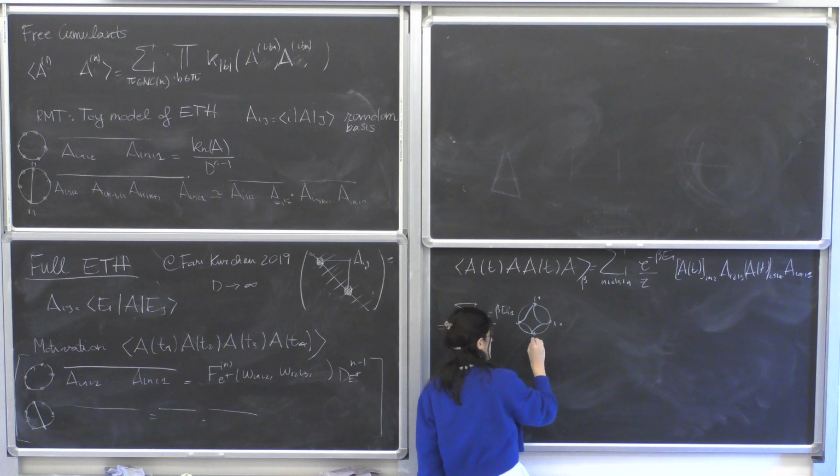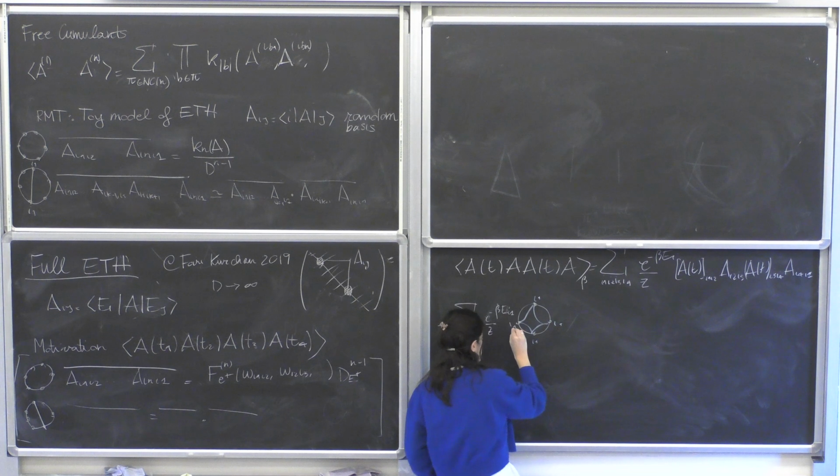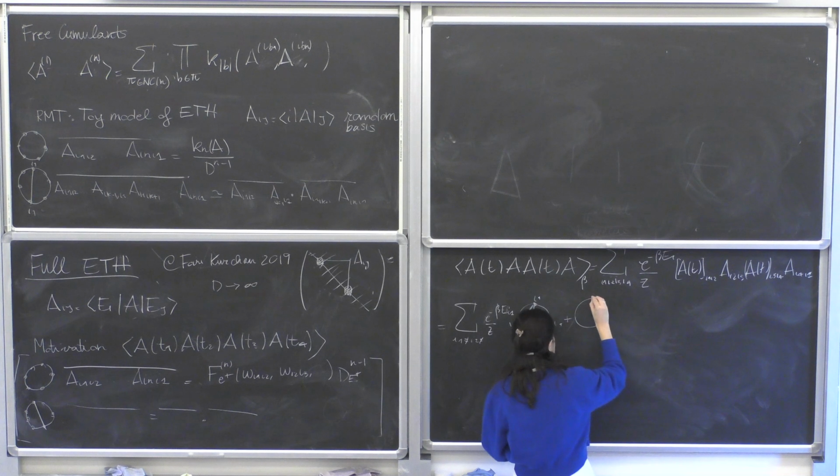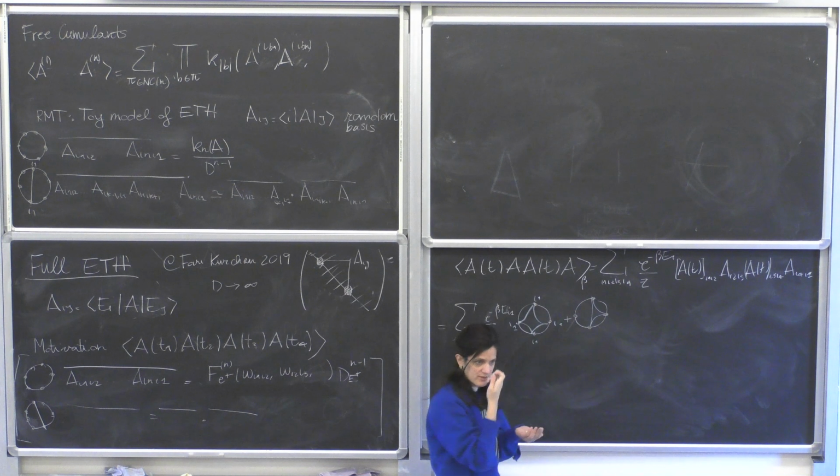I1, I1, I1, I1. Then I have to consider, for instance, the contribution in which 3 of them are the same and 1 is different.